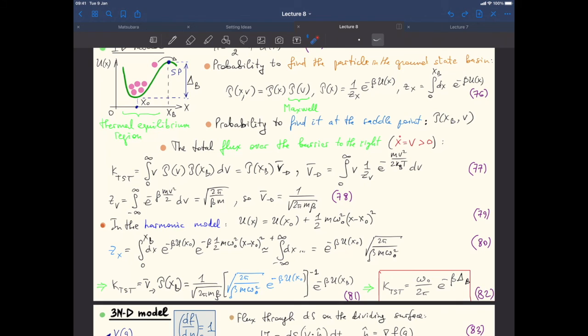So at larger temperatures, the rate should increase. So it is a qualitatively correct result. Also, the rate is proportional to the frequency. This is also easy to understand. The more often the system oscillates inside the potential energy well, so the larger the omega naught, the more attempts the system makes to jump over the barrier, and therefore the rate will also increase.